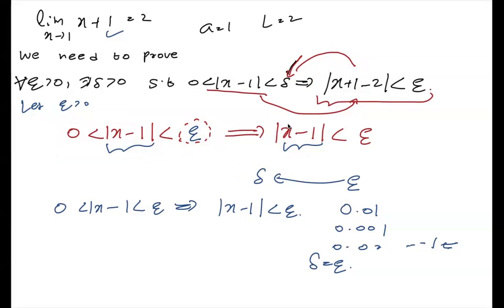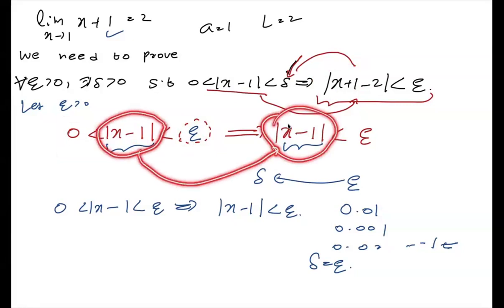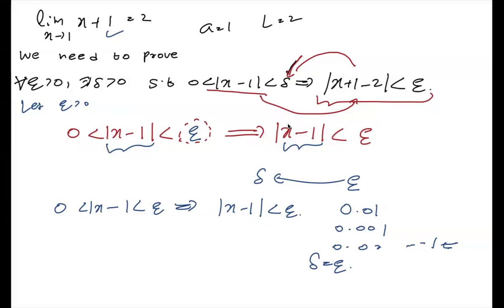It means in this question, because it is a very simple question, these two become equal, so you have nothing to do. For any given epsilon, if you need to put something here to get this implication correct, your delta simply becomes your epsilon. They both are equal.